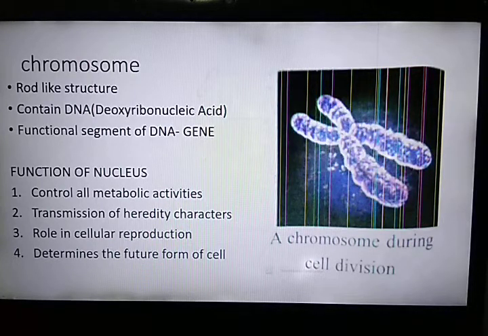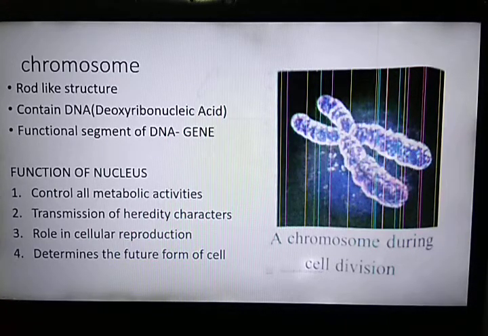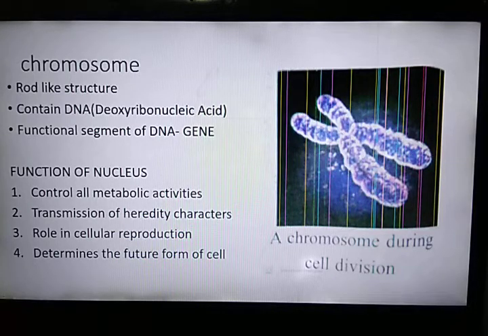These are rod-shaped structures visible in the nucleus only when the cell is about to divide. So what is the difference between chromosome and chromatin? Chromosomes are rod-like structures which are visible only when the cell is about to divide, whereas chromatin is an entangled mass of thread-like structures which are visible in the nucleus when the cell is not dividing.